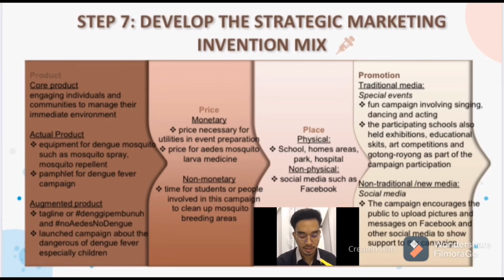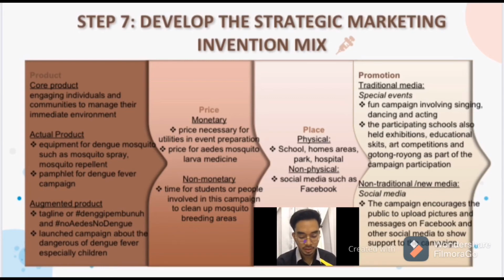Okay, for the price, there are 2 points, which are monetary and non-monetary. Monetary is the tangible goods and services that the priority audience needs to pay for the desired behavior. Regarding this campaign, the monetary cost that the audience needs to pay is the cost to buy equipment to prevent Aedes mosquito bites, such as mosquito repellent, sleeping net, and larva insecticide.